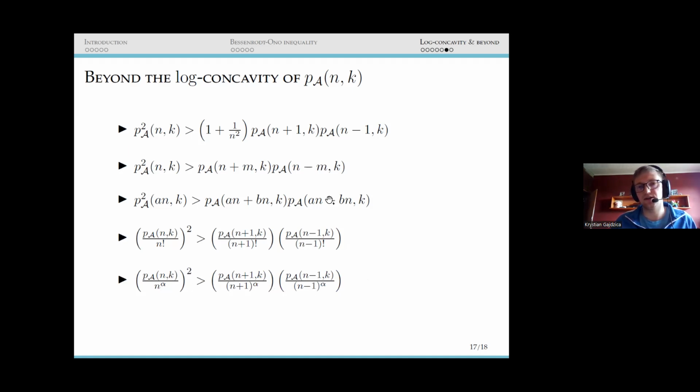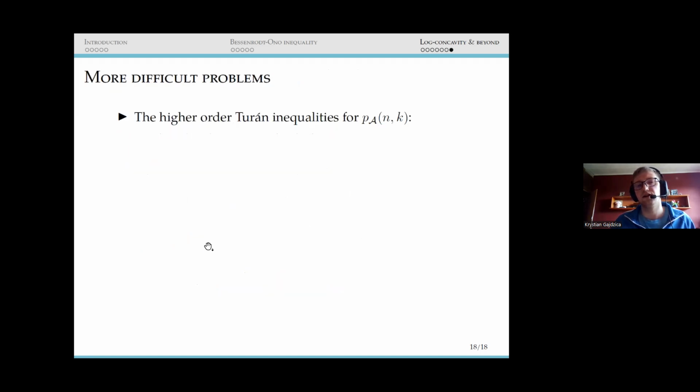Great. However, there are some more intricate questions about the restricted partition function. For example, the so-called higher order Turan inequality, namely the question whether the following inequality holds for the restricted partition function. Of course, we need to replace Ci by the corresponding values of the restricted partition function.